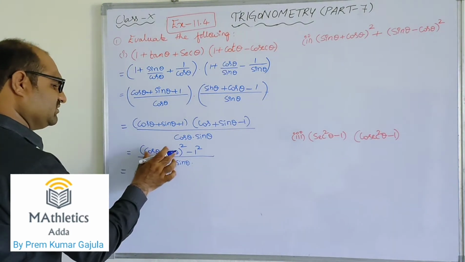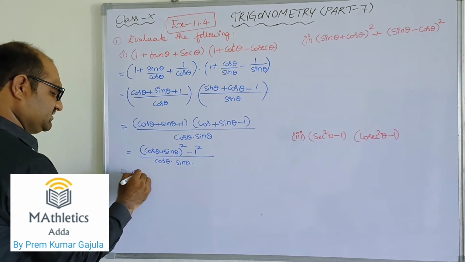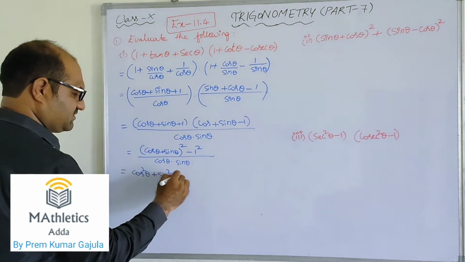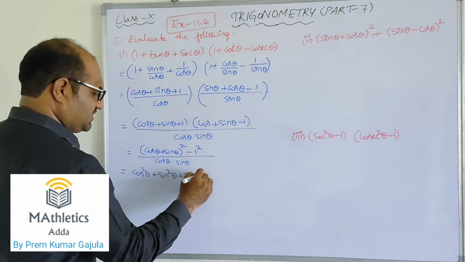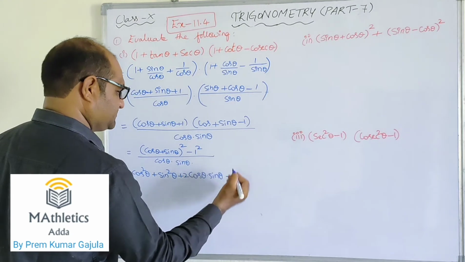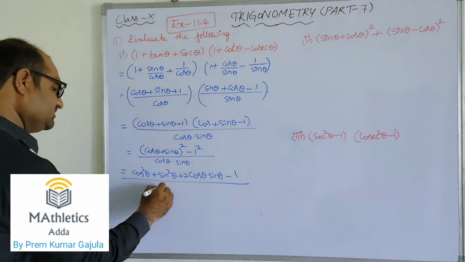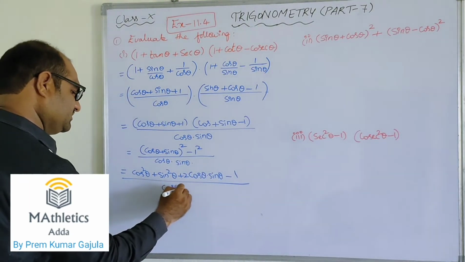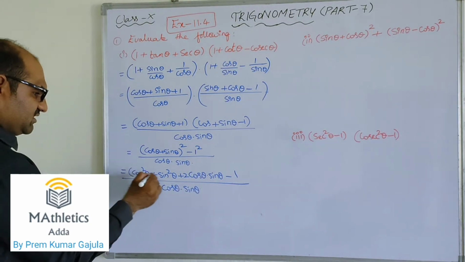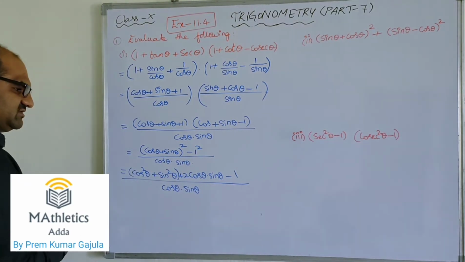So it is in the form of (a + b) whole square, that is a² + b² + 2ab, minus 1 is there, into, by cos θ sin θ. We know that cos² θ + sin² θ is equal to 1.